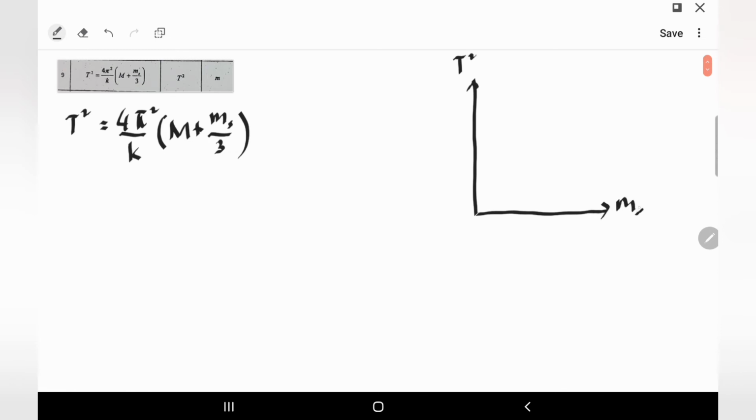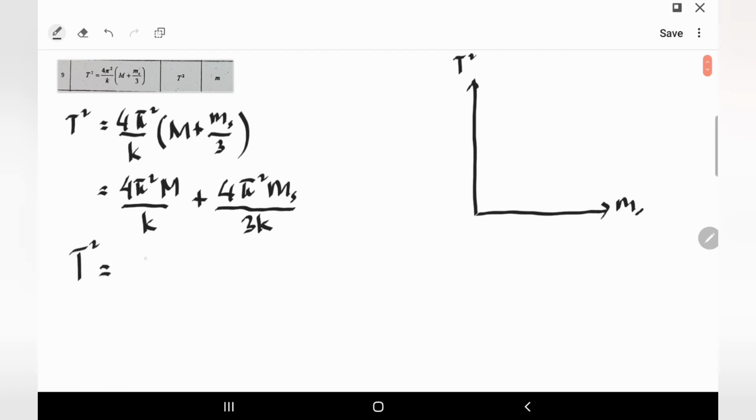Based on this, we need to rearrange the equation first. So we just expand the equation first. What do we get? 4 pi squared m over k plus 4 pi squared ms over 3k. Remember the x-axis is small m, then we need to rearrange the equation.